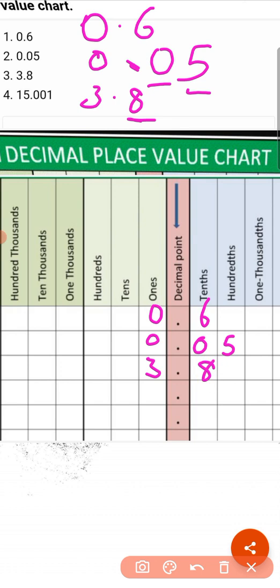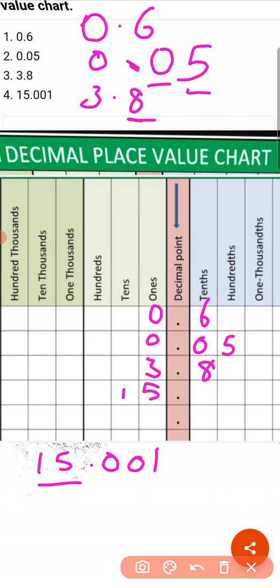Okay. Next number is 15.001. Start with the whole number part first. When we write, we should always start with the whole number part. These digits are in the whole number part: 5 ones and 1 tens. That is over.